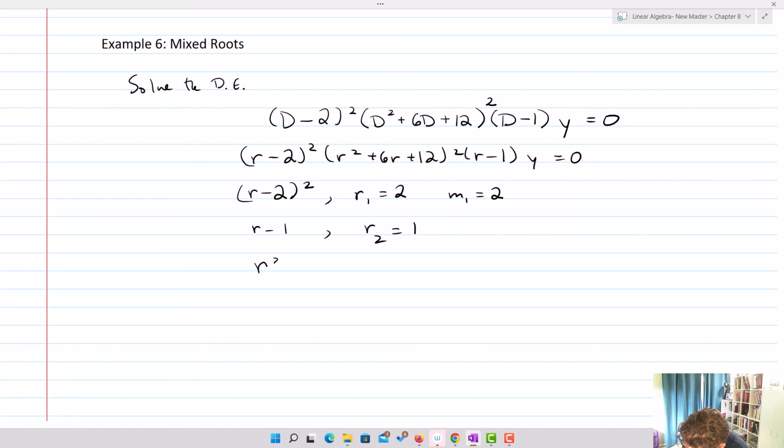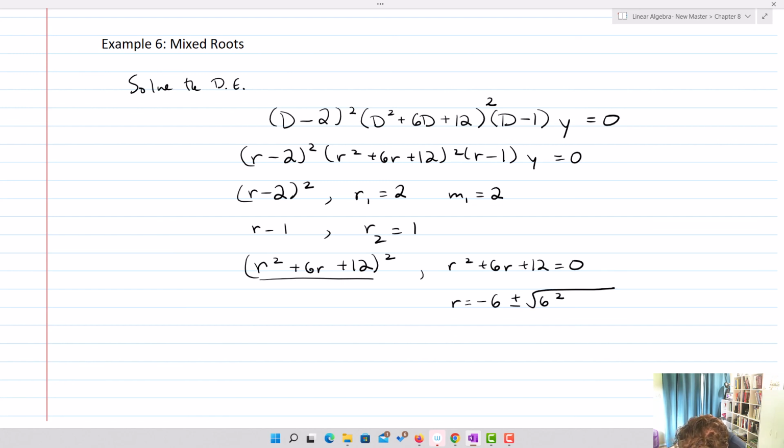And then we're going to have r^2 + 6r + 12, and that's going to actually be squared. So let's first find the root. We have r^2 + 6r + 12 = 0. So r equals negative 6 plus or minus the square root of 6^2 minus 4 times 12, divided by 2 times 1.